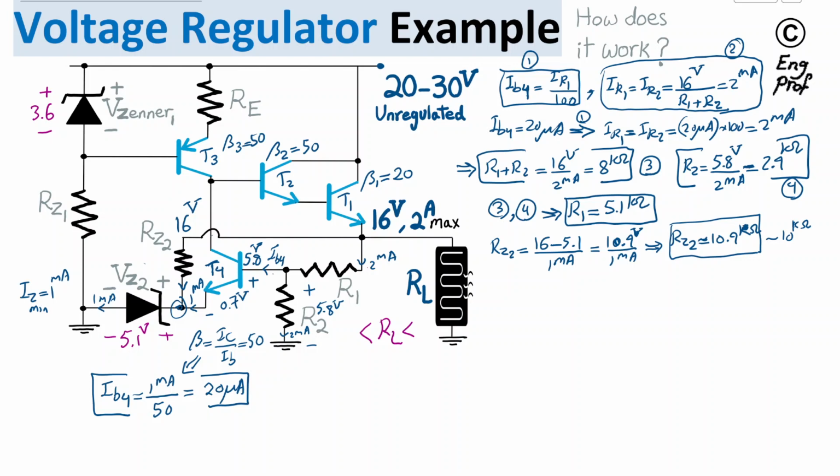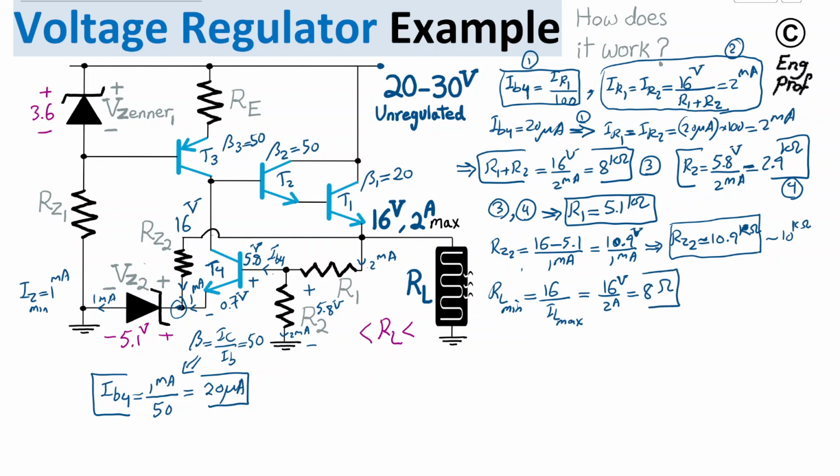Okay, now we have selected these. What about RE, the value RE here? So let's see what's going on. If we have 16 volt, the value of load, of course, is easily computed at the max current. So I would say RL minimum, which happens when 16 volt is applied, max current, IL max, is 16 volt divided by 2 amp, which becomes 8 ohm.